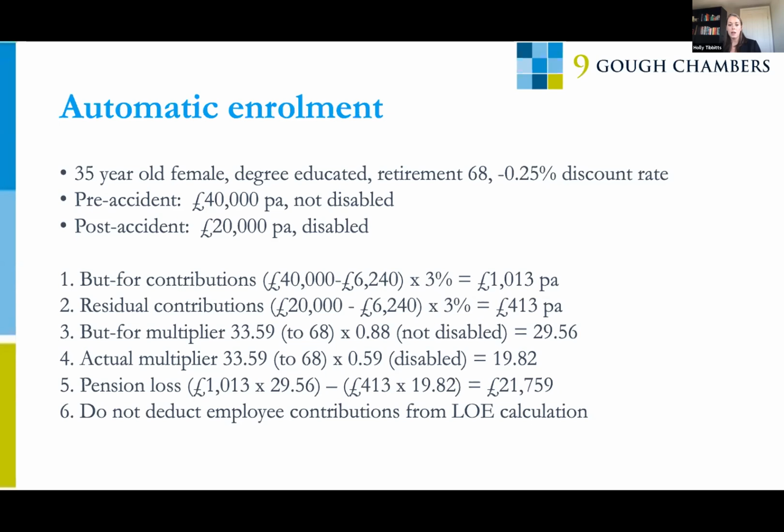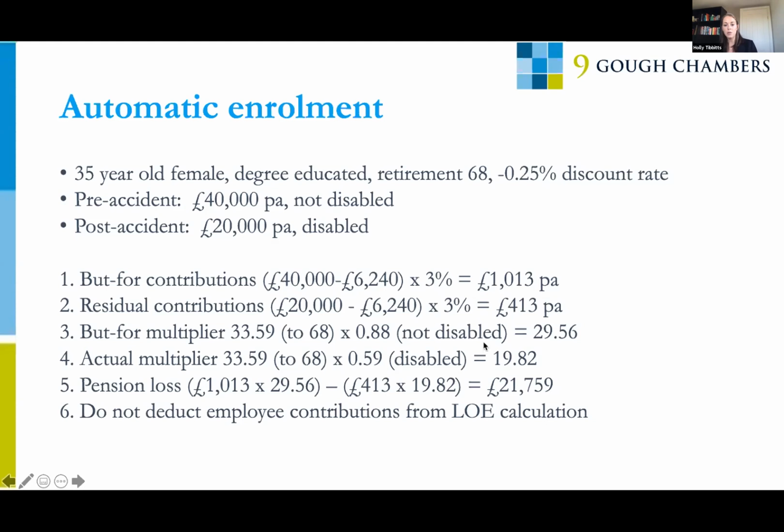You then look at the multiplier to the relevant retirement age and multiply it by the relevant reduction factors from tables A to D. So you'll see there 0.88 when she's not disabled, goes down to 0.59 for disability. And then you do a simple calculation, apply your multipliers to your multiplicands, and then deduct the residual contributions from the but-for contributions.